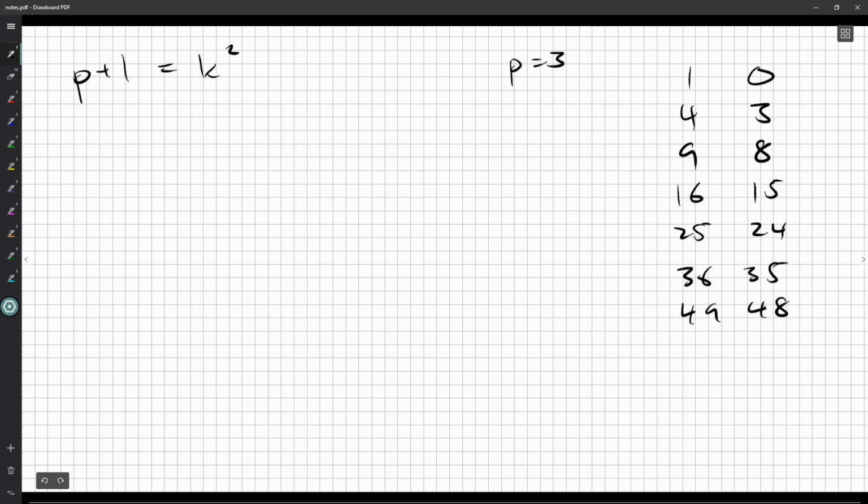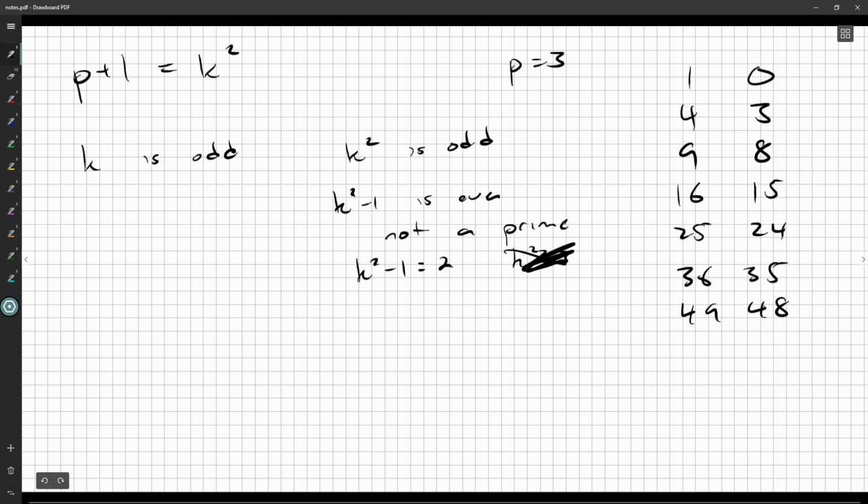You might start to wonder, if k is odd, k squared is odd, right? If the thing I'm squaring is odd, then k squared is odd. And so k squared minus 1 is even, and so not a prime. It's conceivable that k squared minus 1 would have to be 2, but then k squared would be 3, and that certainly is not a perfect square.